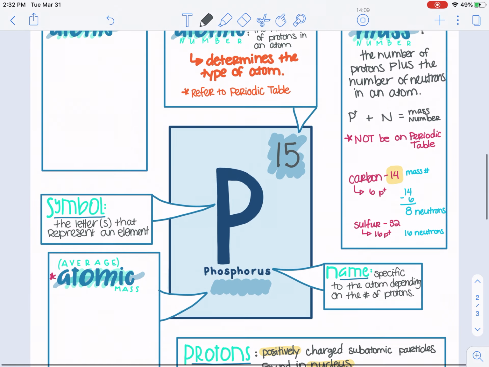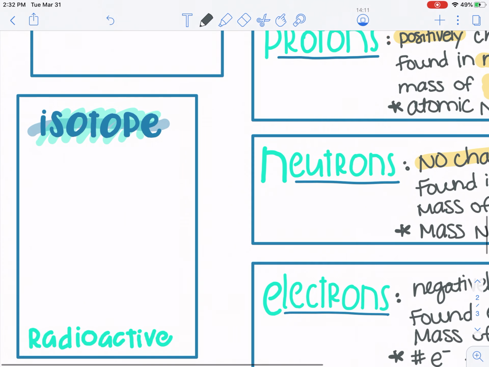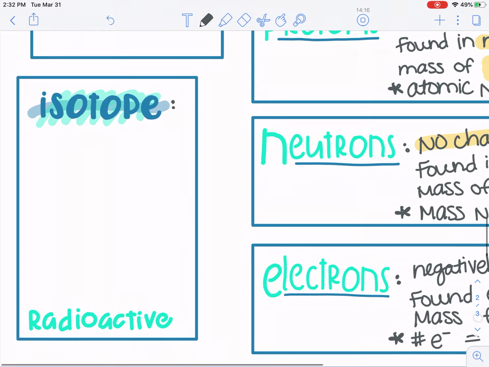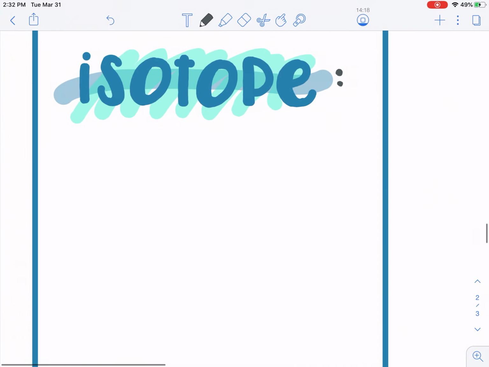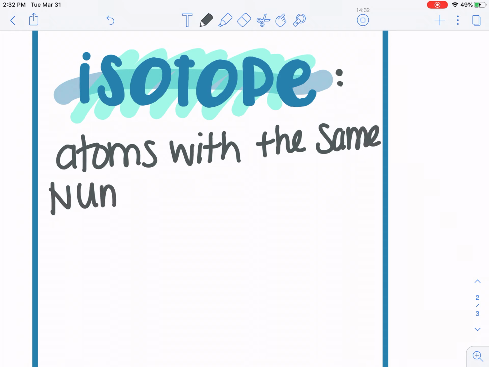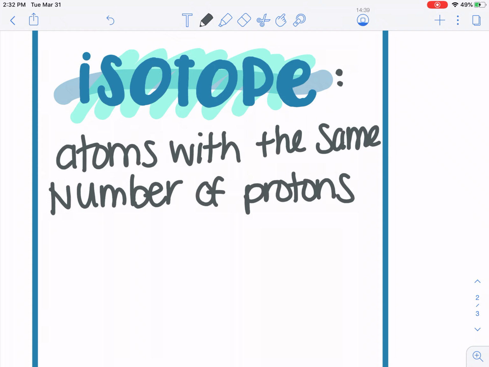All right, let's talk isotopes. Isotopes are variations of an atom. An isotope is atoms with the same number of protons but different numbers of neutrons.